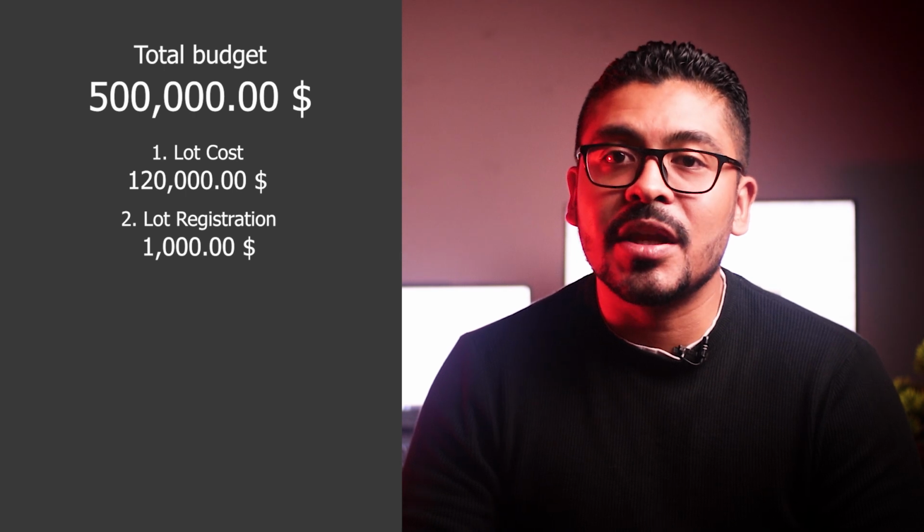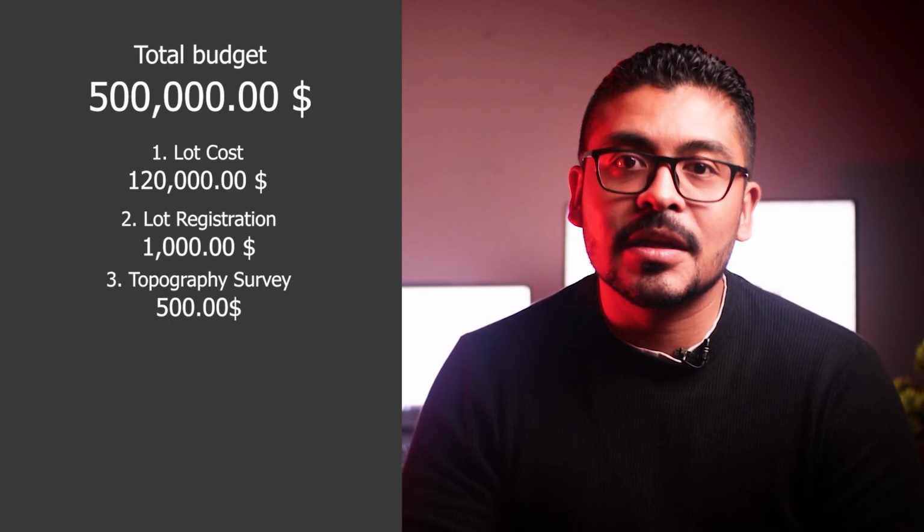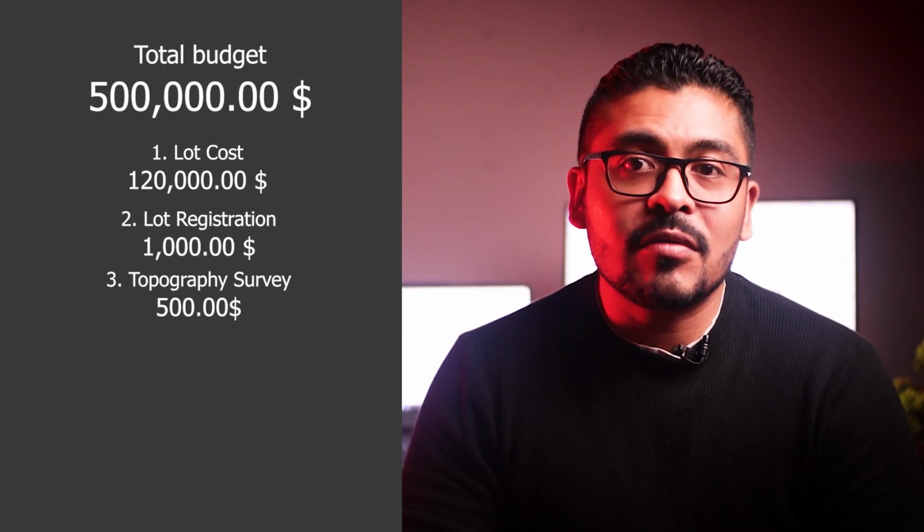However, in reality, you need to make your list of expenses, where you are going to include: Number 1, the cost of the lot. Let's put a number on it, $120,000. Number 2, legal cost to register your new lot in the Nicaraguan registry, $1,000. Number 3, topographic survey, $500.